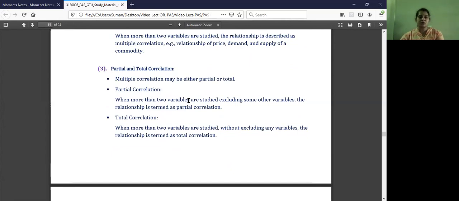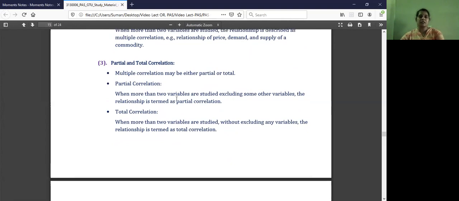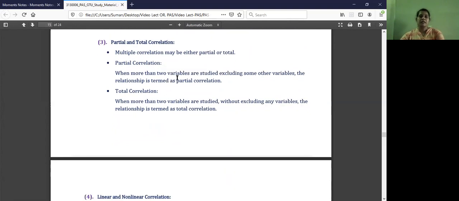What is partial correlation? Partial and total correlation depend on multiple correlation. So first is partial correlation: when more than two variables are studied excluding some other variables, the relationship is termed as partial correlation.